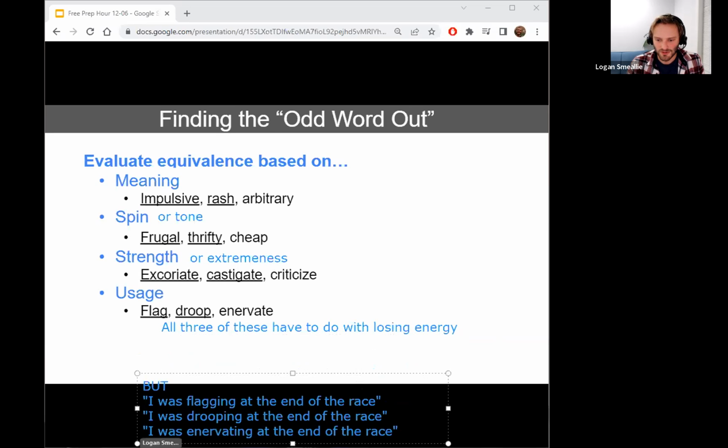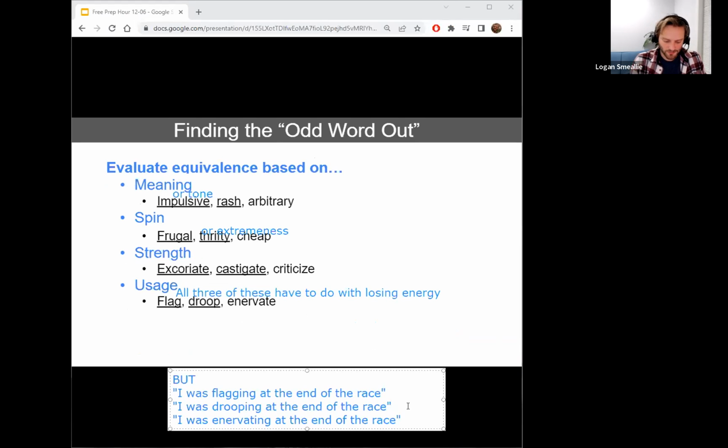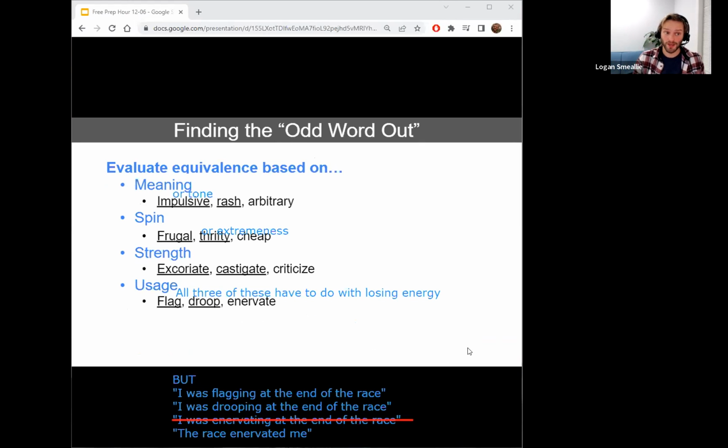Let me cross that off, because you couldn't say I was enervating. Even though enervate means something similar, its usage is more like the race enervated me. The race took my energy. So grammatically, this word enervate has a subject and an object.